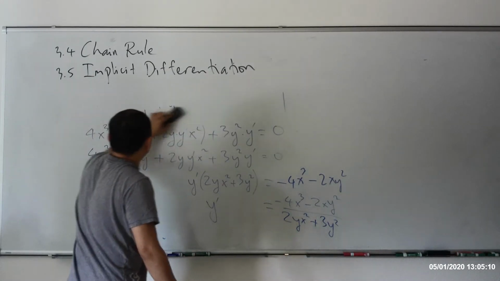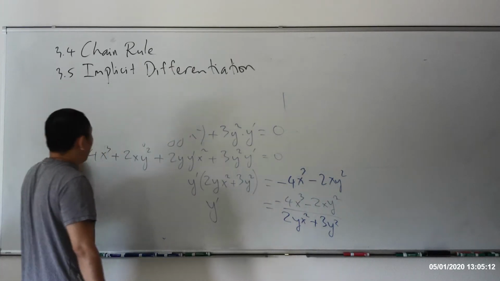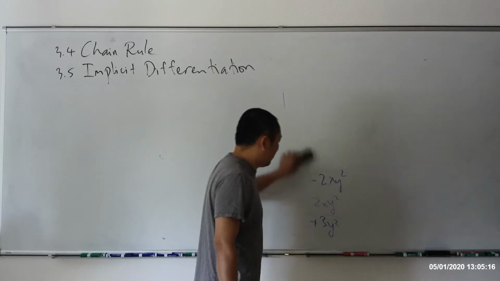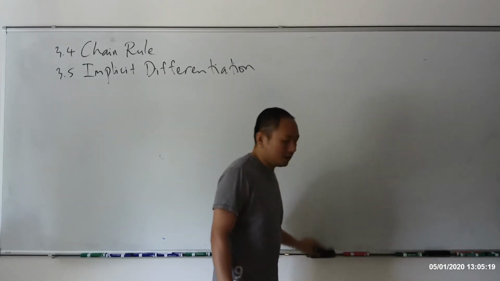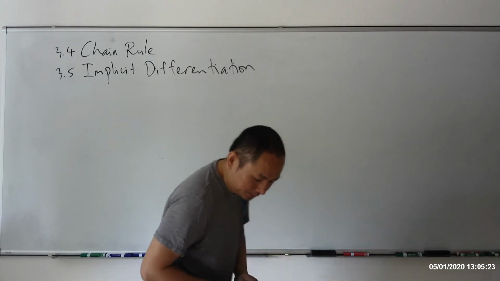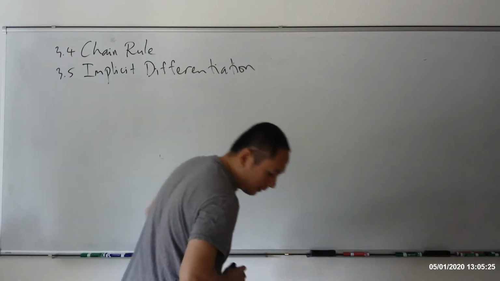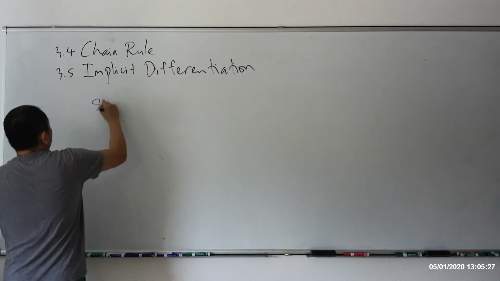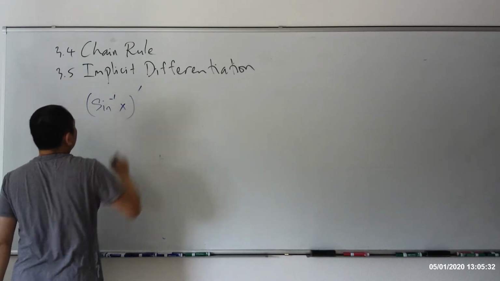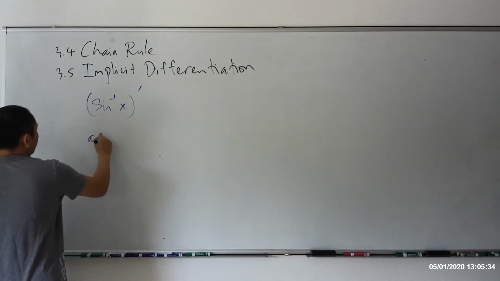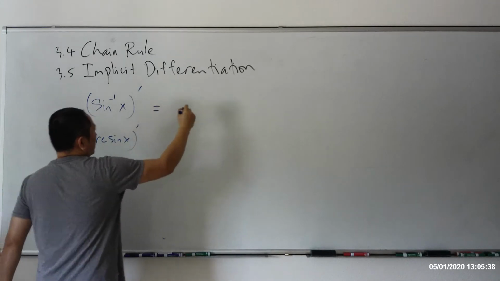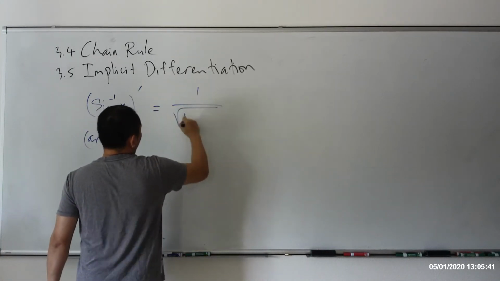Now, I see that at the end of section 3.5, the book gives you more formulas about derivatives in terms of inverse trig functions. So let me just put it up here for you. Okay, let's copy it from the book. Sine inverse of x derivative, because sine inverse is the same thing as arc sine, okay? Arc sine of x derivative is equal to 1 over square root of 1 minus x squared.